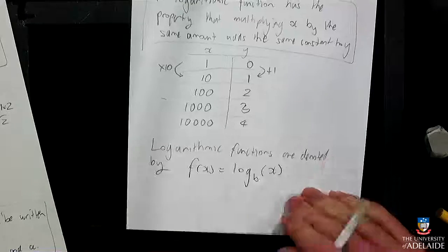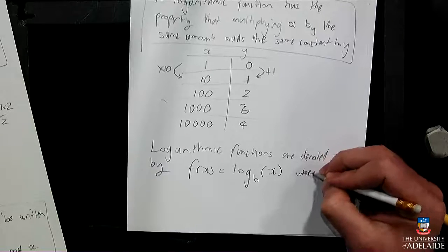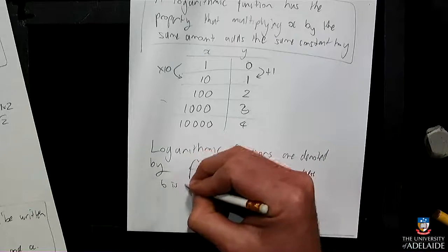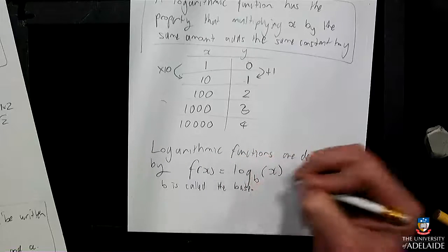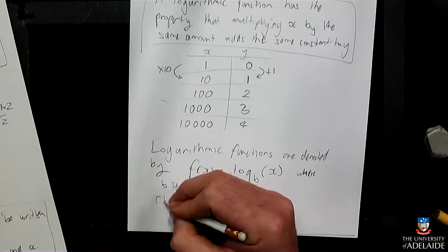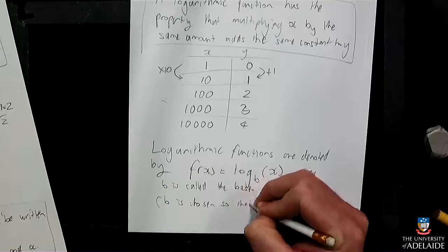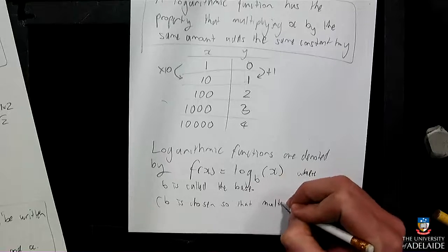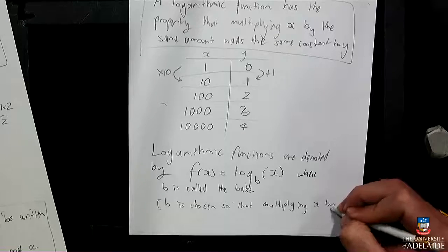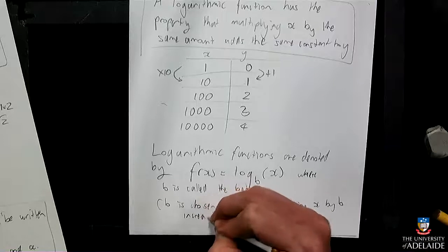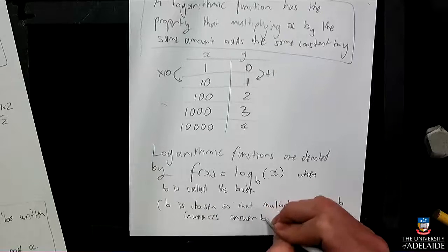Denoted by that, where b is called the base. And b is chosen so that multiplying x by b increases the answer by 1.